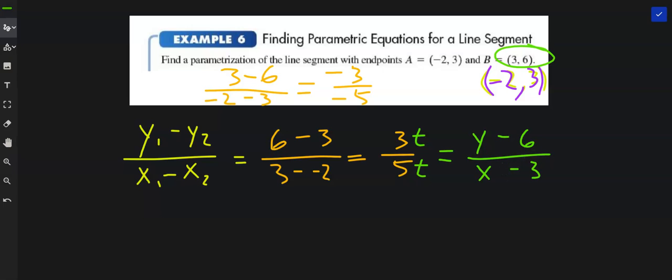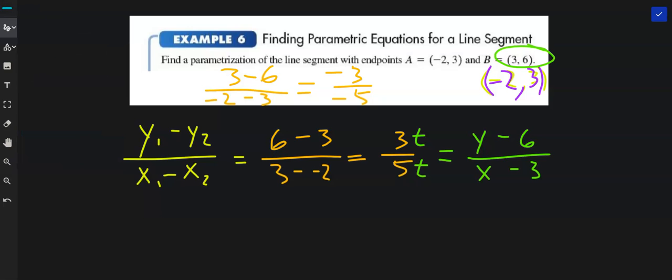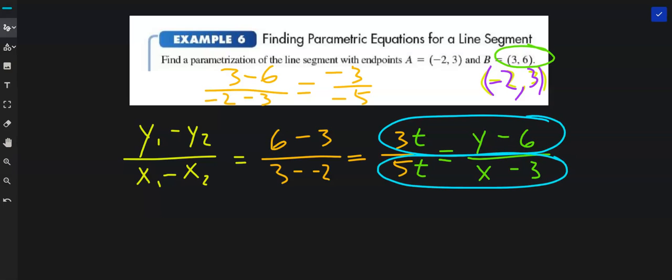Notice that I took the point that she picked and I plugged it in, along with some variables, a y and an x. Look what we have here, and look what we have here. Parametric equations.